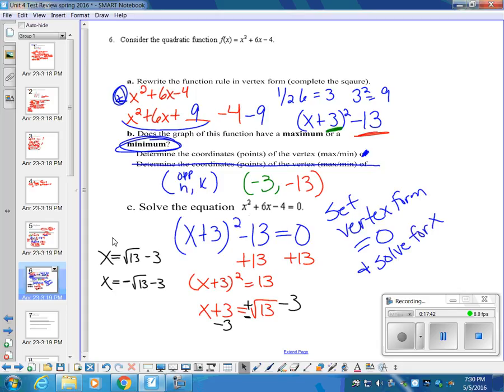So now if you put that in your calculator, the square root of 13 is 3.6, so take away 3 and you get 0.61. If you have negative square root of 13 and take away 3, you get negative 6.6. So that would be your two answers.